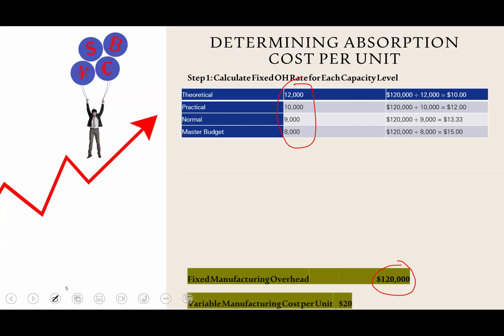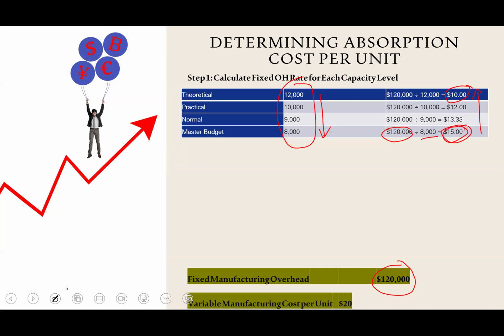So if I divide 120,000 by 12,000, I get $10 per unit of budgeted rate. On the other hand, if I divide the same fixed overhead by 8,000 units in my master budget, I will come up with a $15 rate. You can see the smaller the denominator, the bigger the rate.